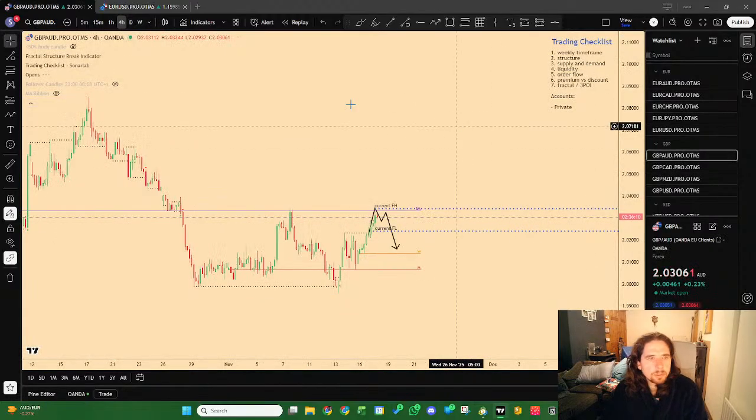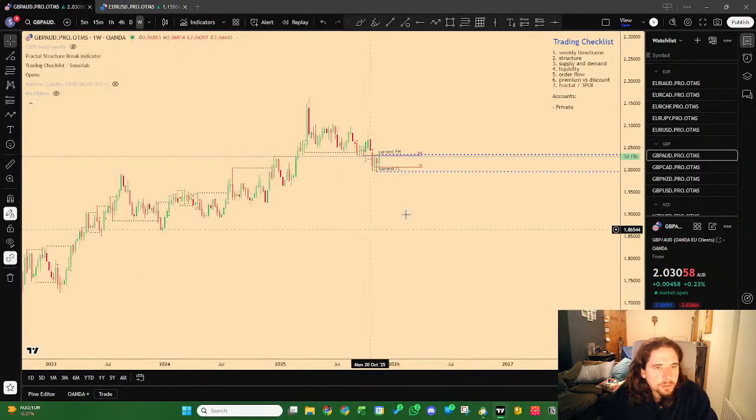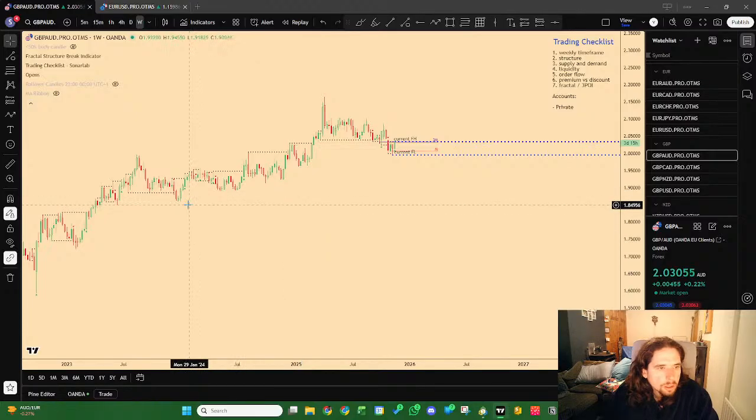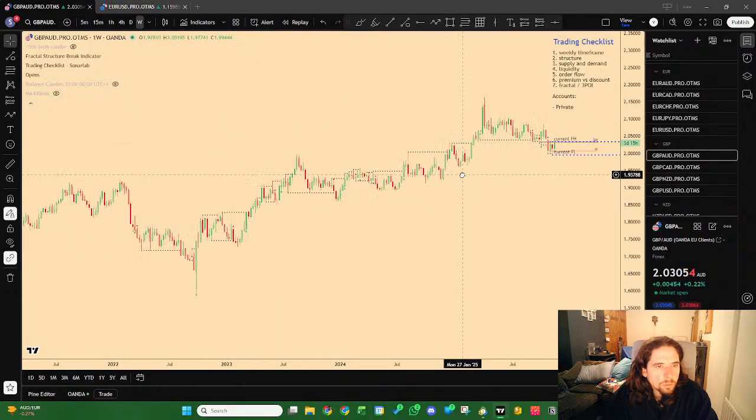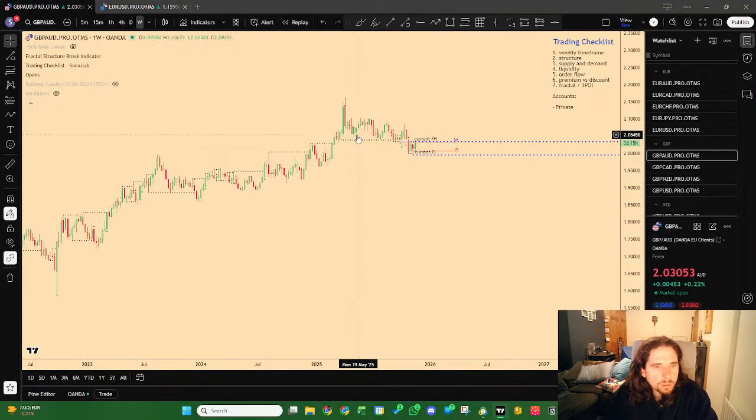Okay, we're still bullish on GBP, but there's quite a big retracement happening there, which could see us take a lot of liquidity.